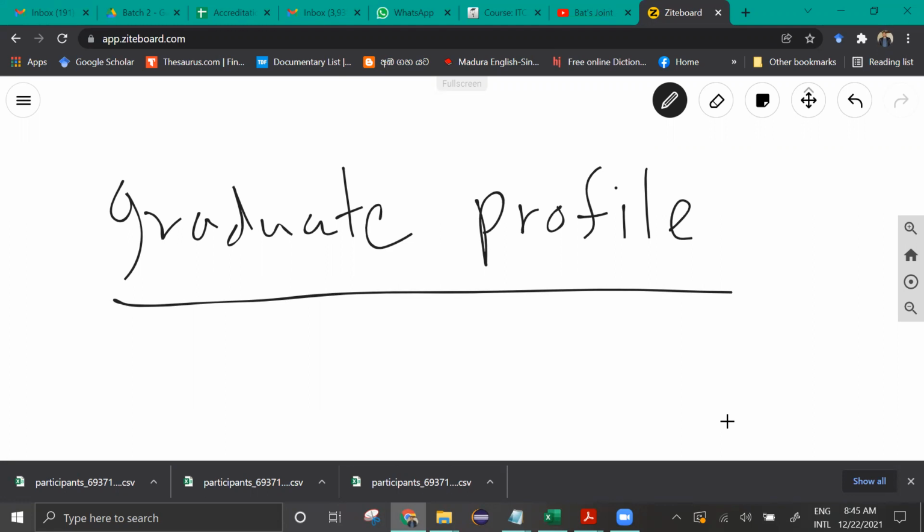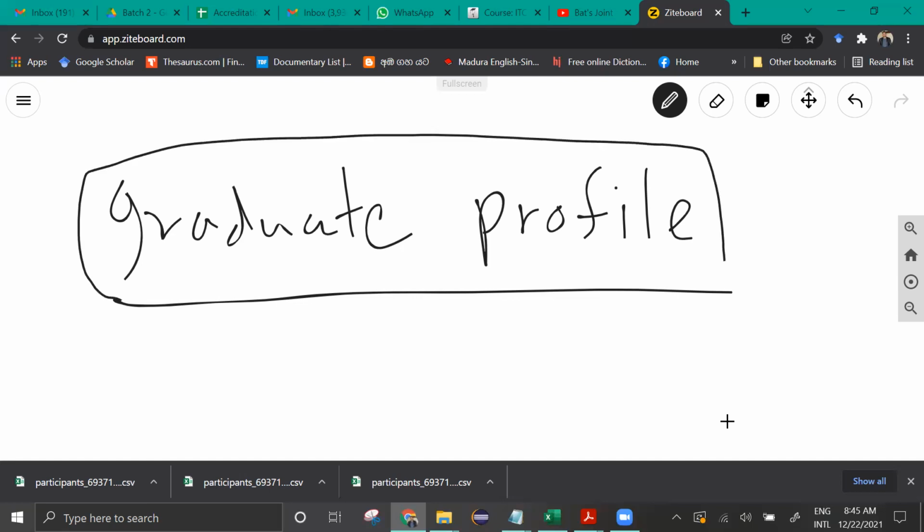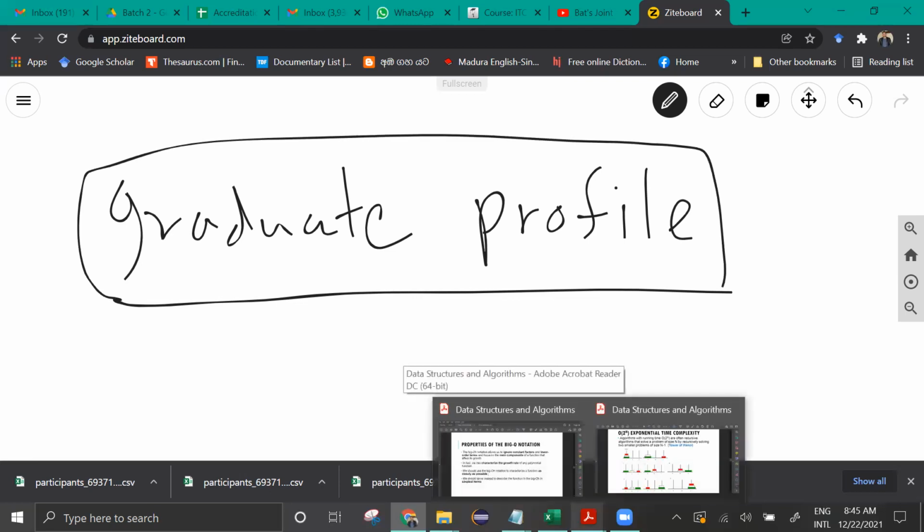So the big O notation is something like a graduate profile. Actually, we had a graduate profile for our faculty, but now we are updating it, and we are going to create a more precise and more comprehensive graduate profile, right? So big O notation is something like that for algorithms.